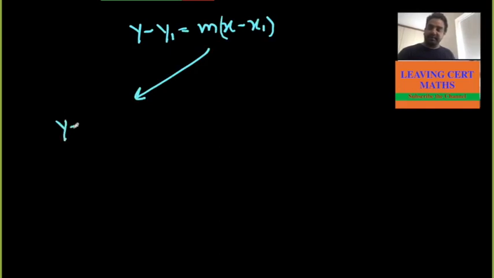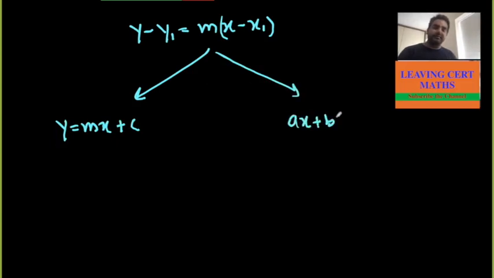So what we learn is we have two formats of a straight line. From here you can get one straight line like this, and another, if you rearrange everything, you will get something like ax plus by plus c.